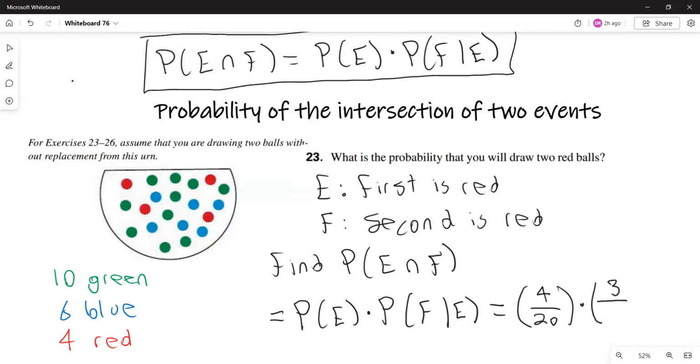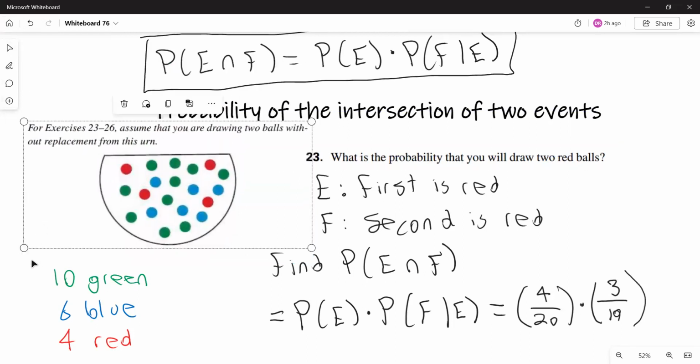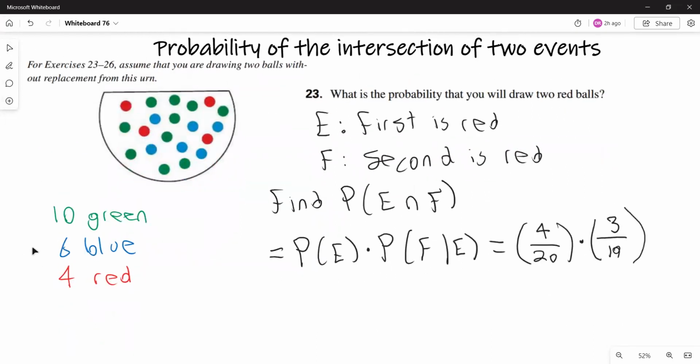If the first one was red, there are 3 red balls remaining out of a total of 19 balls remaining. Okay, so we can simplify this fraction 4/20 as 1/5. And 1 times 3 is 3. 5 times 19 is 95. So that's the probability that you will draw 2 red balls.